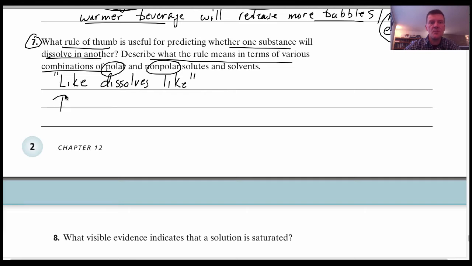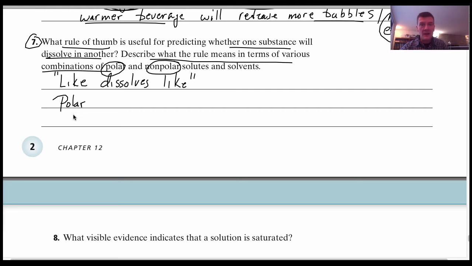It means that a polar molecule, remember what that means, is that the particular molecule has electrons spending more time on one side than the other side. And as a result, it has a negative end to the molecule and a positive end.